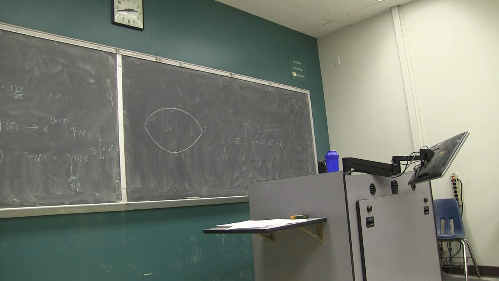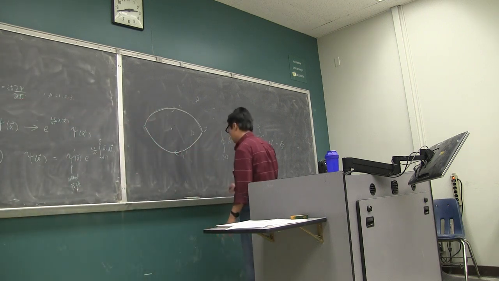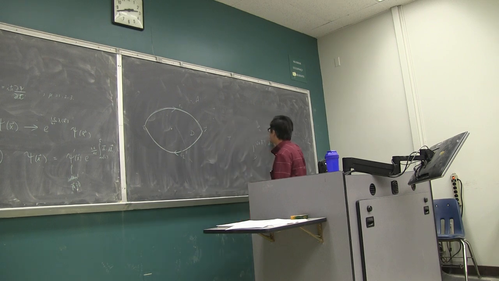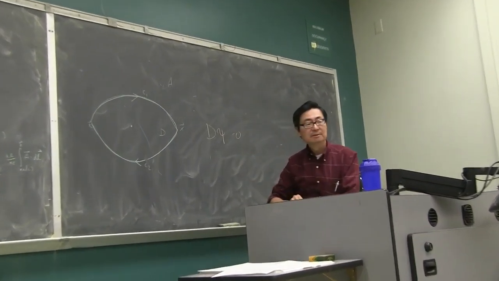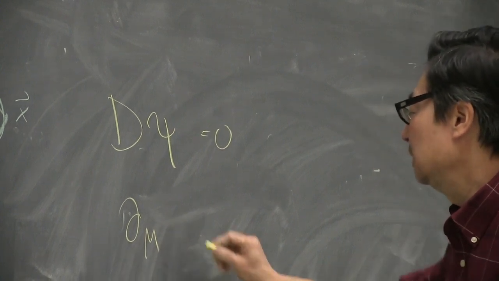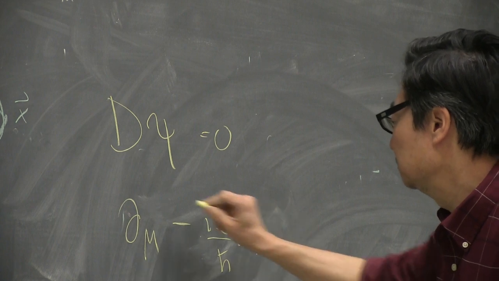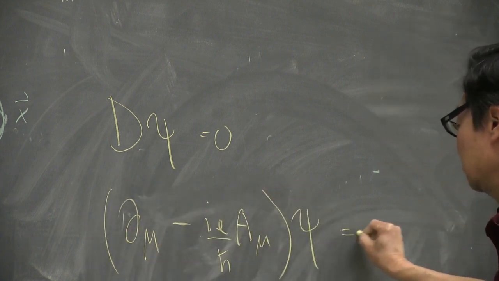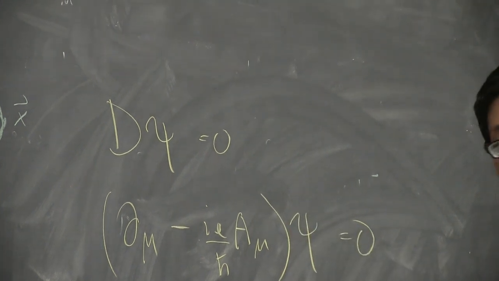In fact, this is intimately connected to the parallel translation. What was parallel translation? The parallel translation was D psi equal to 0, right? And so we wrote it in terms of (d mu minus i e over h bar A mu) psi equal to 0. What's the solution of this? It's precisely something like that, okay?